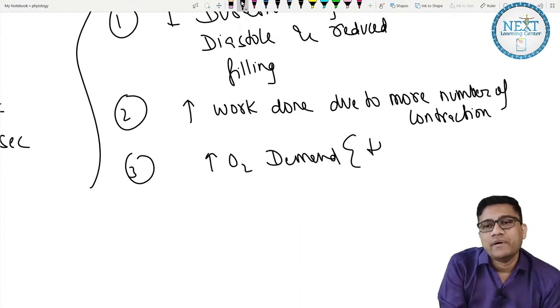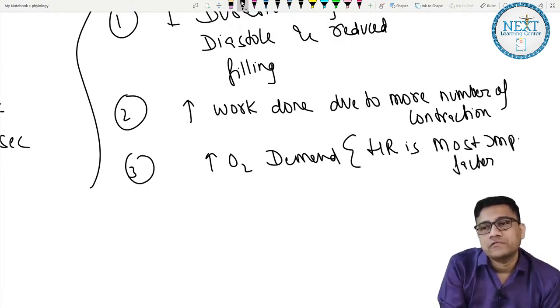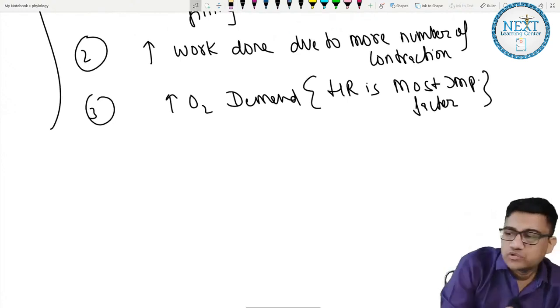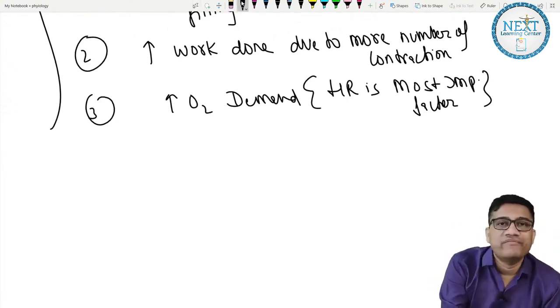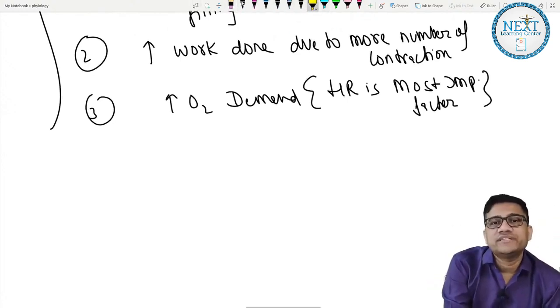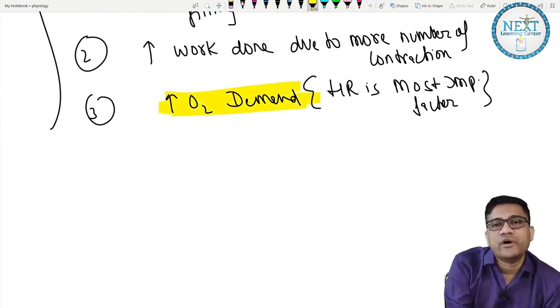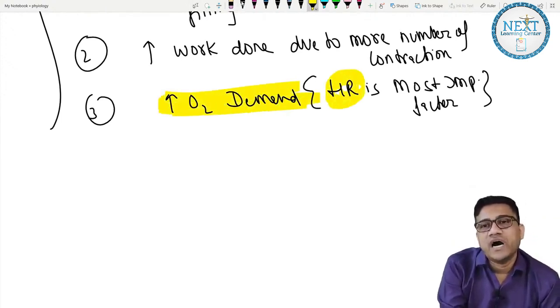Okay, and remember, heart rate is the most important factor. If they ask in the exam, what is the most important factor which decides the O2 demand of the myocardium? It is heart rate.